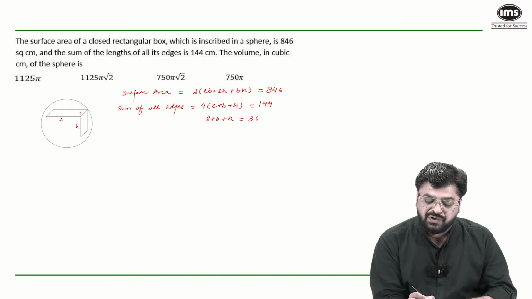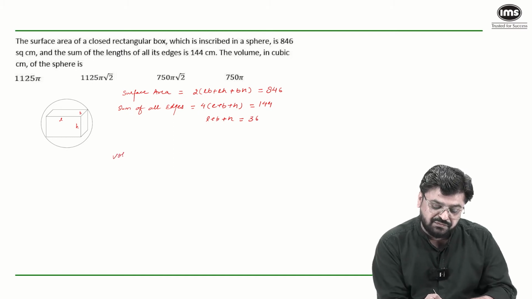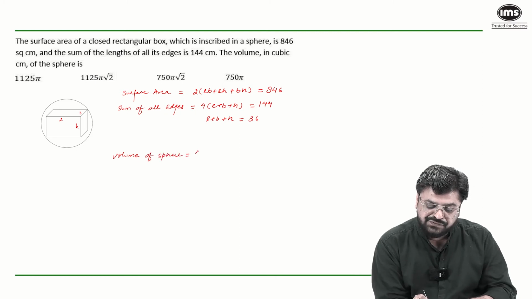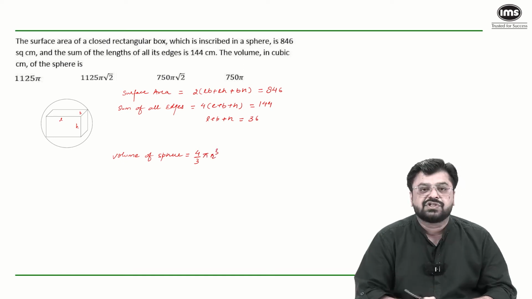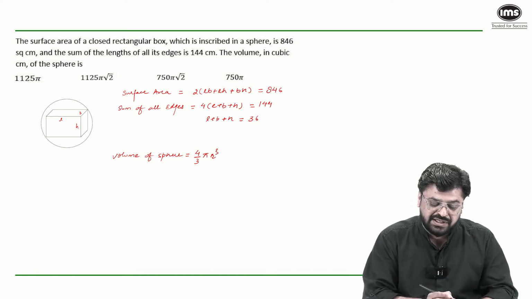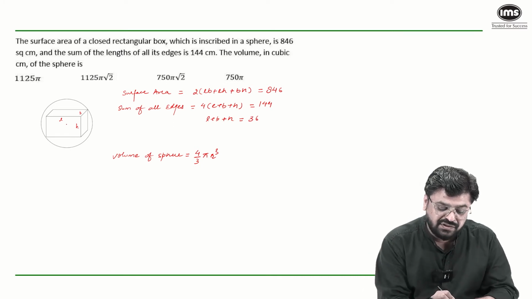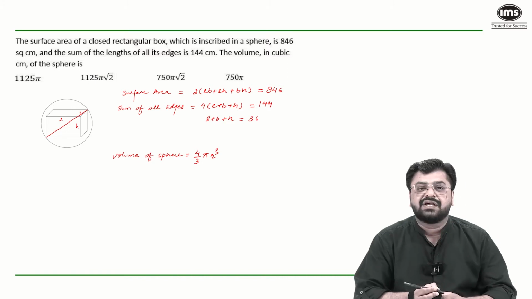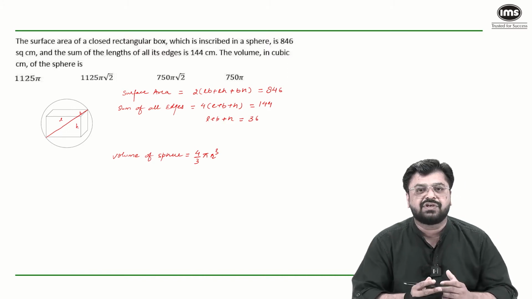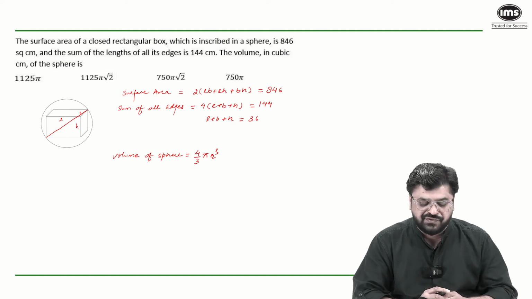In order to calculate the volume of the sphere, the volume of a sphere is 4 by 3 pi r cube. So we need to calculate r here. R is the radius of the sphere, which we can calculate by calculating the body diagonal of the cuboid, which will be the diameter of the sphere.